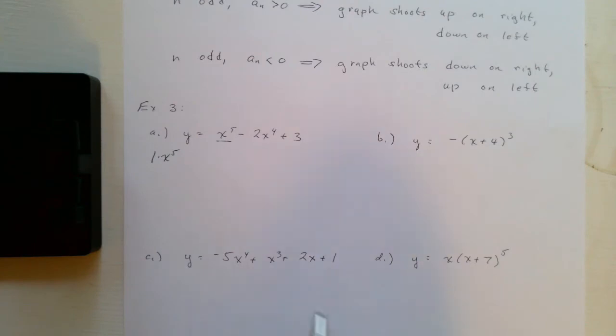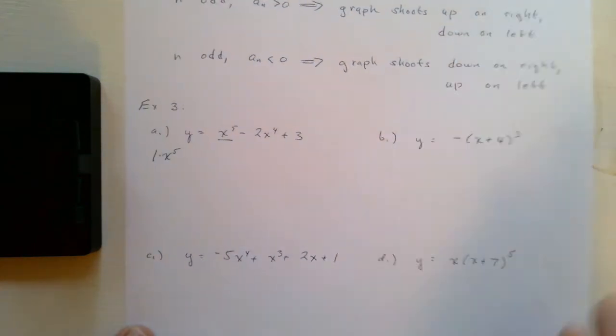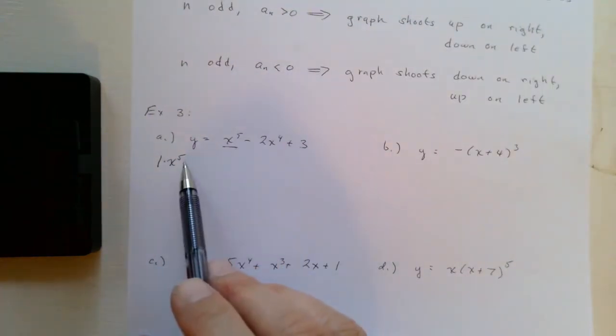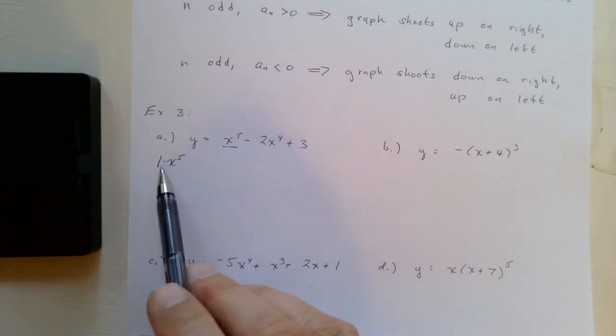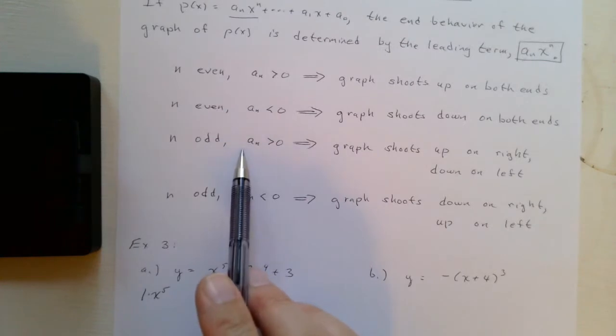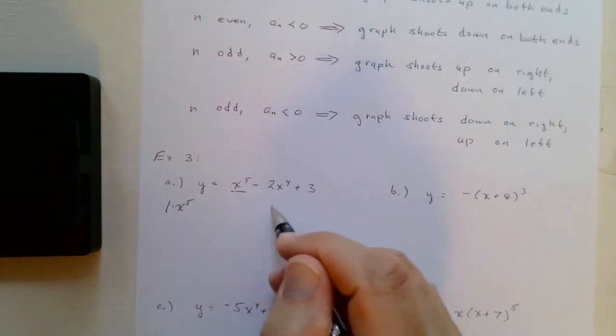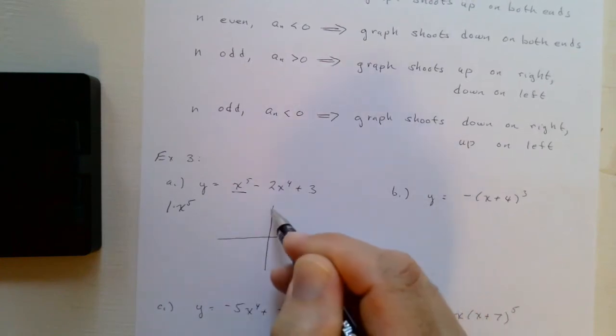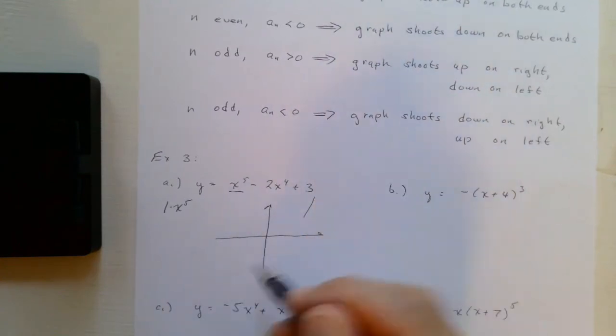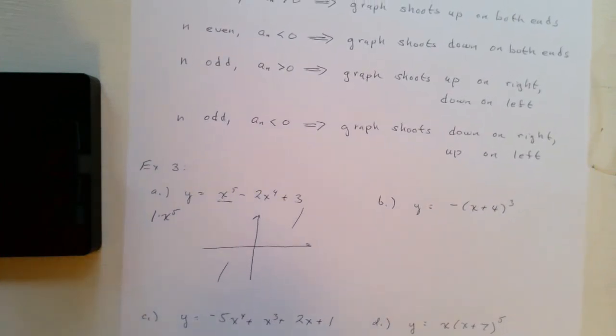So we can see that n, the degree, is odd and the leading coefficient is positive. So we're in this situation. The graph is going to shoot up on the right and shoot down on the left. So it's going to shoot up like this and then shoot down like this.